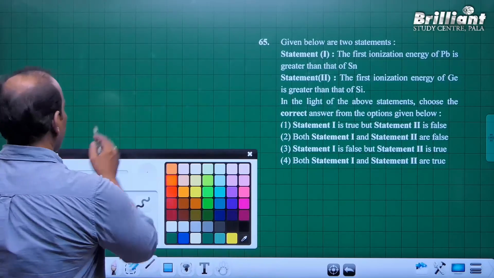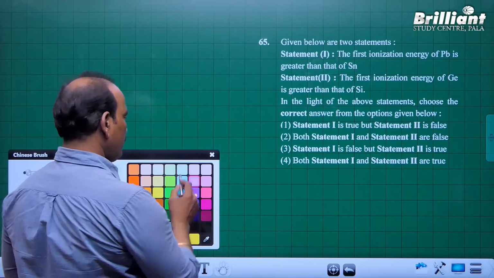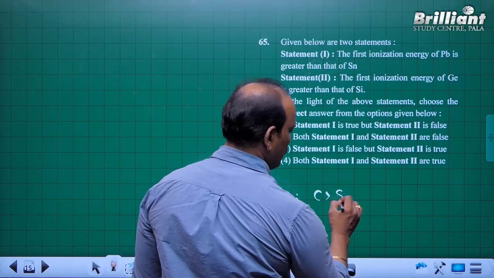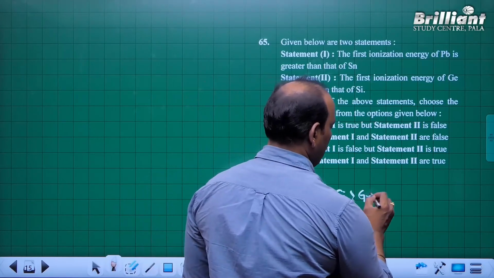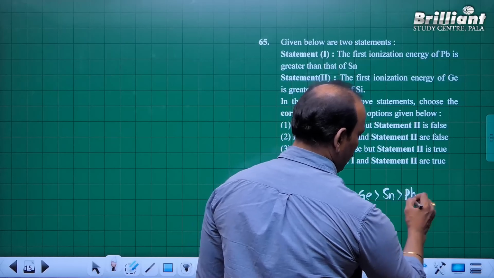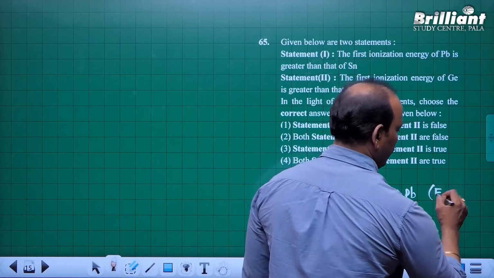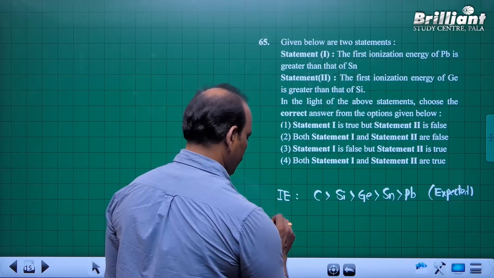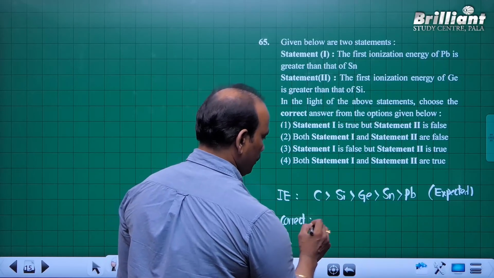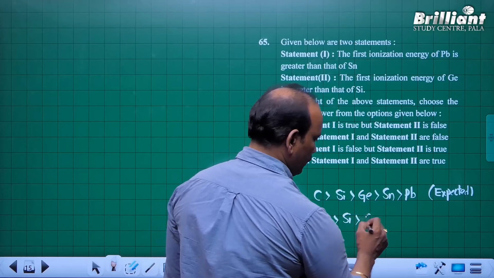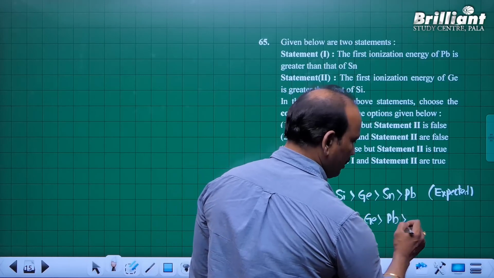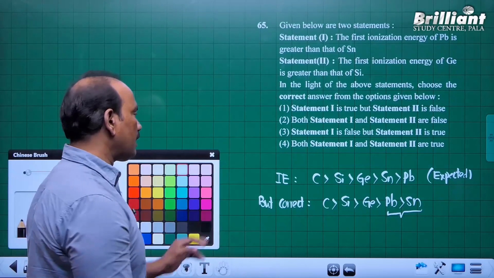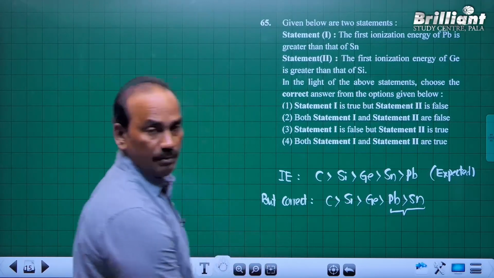Now in simple concept, generally ionization enthalpy is expected carbon greater than silicon greater than germanium greater than tin greater than lead. That is the expected order, but the correct order is carbon greater than silicon greater than germanium greater than lead greater than tin, just a reverse, due to poor shielding of d and f orbitals and large size of element.